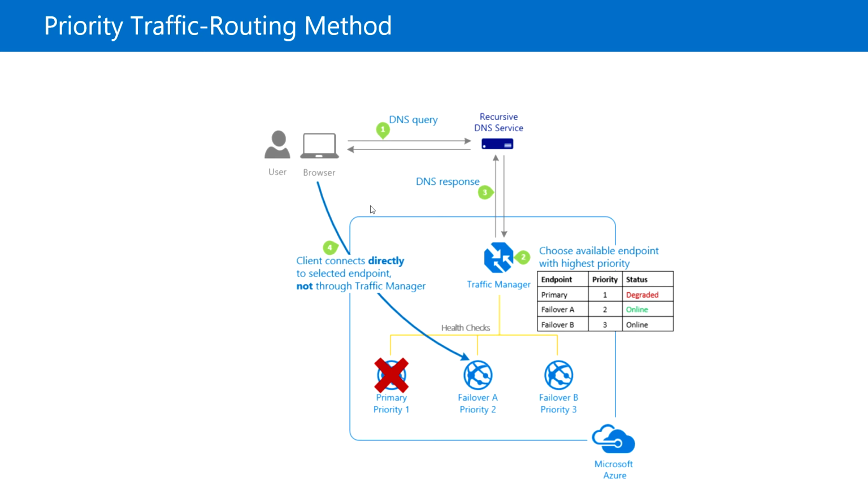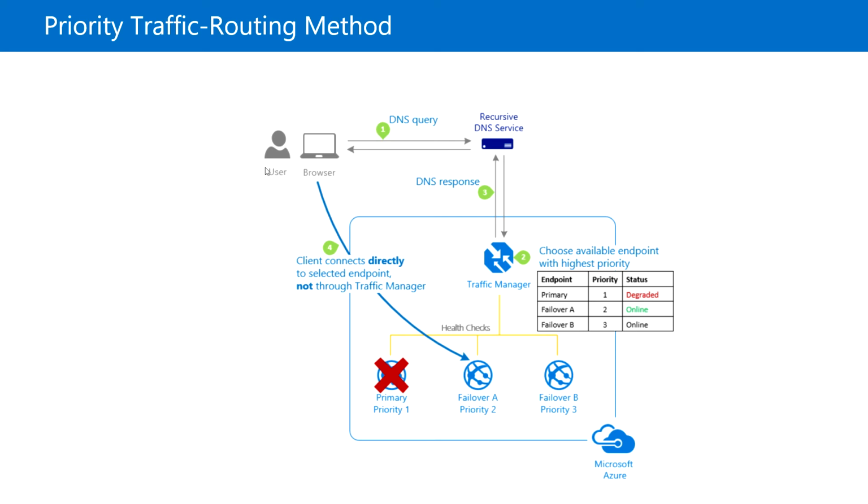For example, in this diagram, you see the primary endpoint, which we have set as priority 1, and failover A as priority 2, and failover B we can set as priority 3.